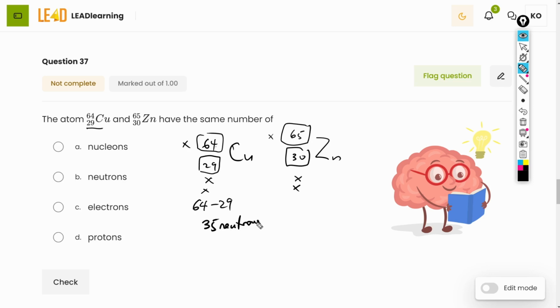And for zinc, 65 minus 30 gives us 35 neutrons. So proton numbers are not the same, electron numbers are not the same, atomic mass is not the same. However, neutrons are equal. So our correct answer is option C.